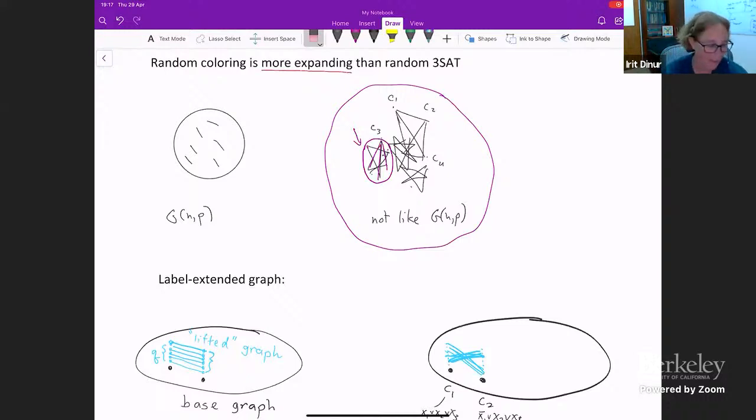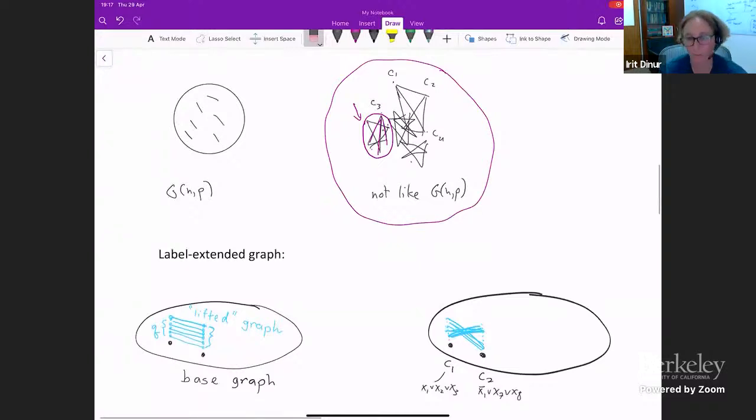However, the label-extended graph, which let me define, does change when you change the predicate. Maybe it is more expanding. I don't know how to answer it, but it's still not sufficiently expanding.